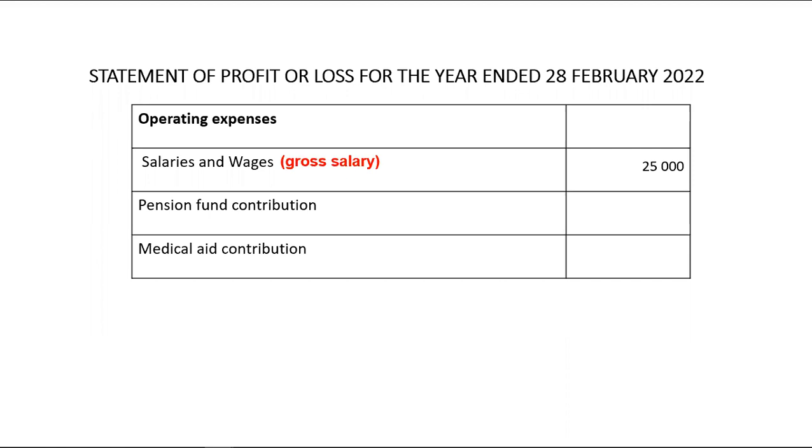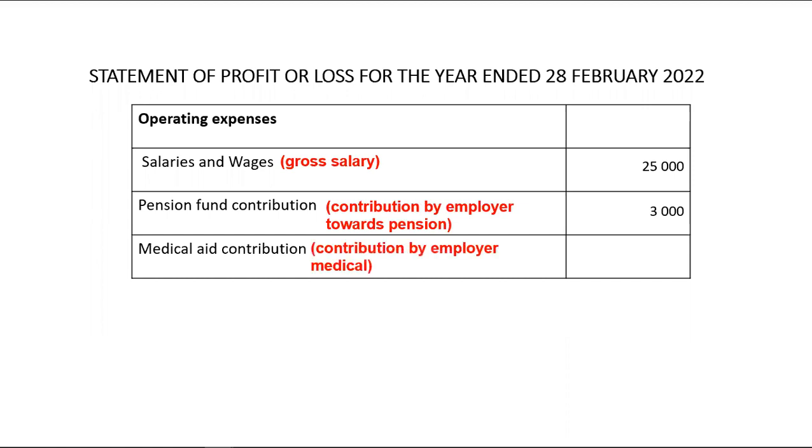And pension fund contribution will be the 3,000 rand. Medical aid contribution will be the 1.5. So in total, towards this employee, our total cost to company, our total expense will be a sum of 25,000 plus 3,000 plus 1,500. That will give you 29,500.